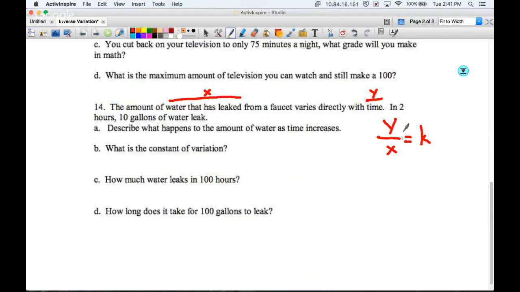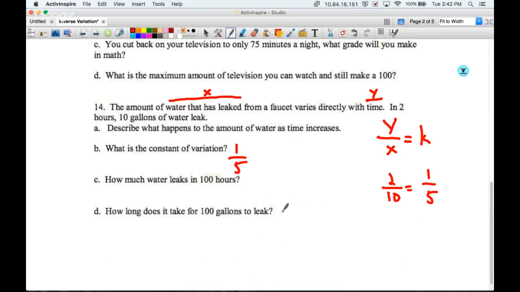And so water that's leaked is 10 gallons, 2 hours. So our constant is 1/5, which means 1/5 of a gallon is leaking per hour. So the constant of variation is 1/5.